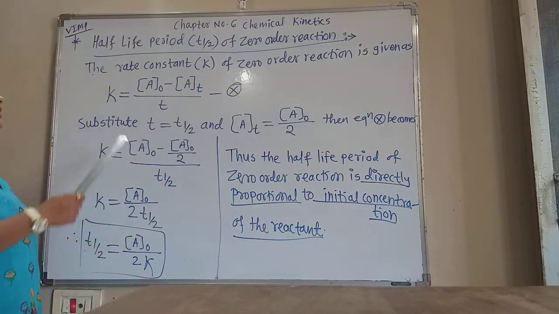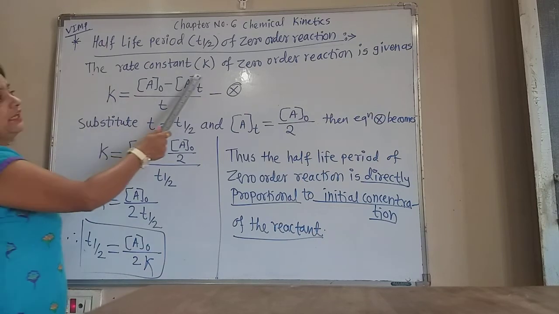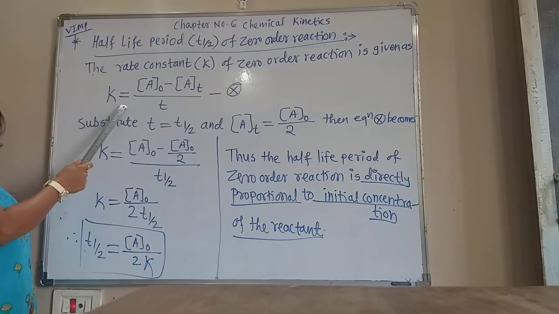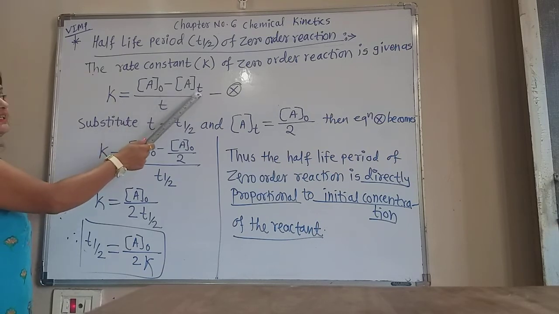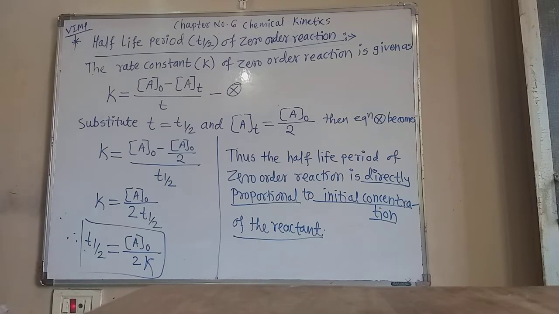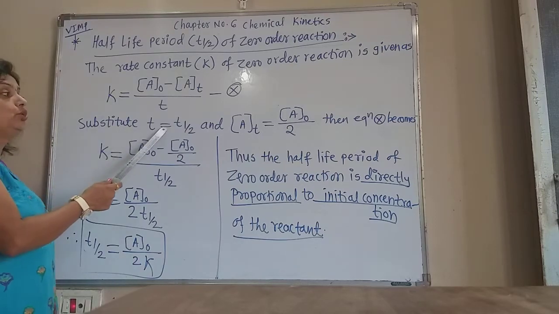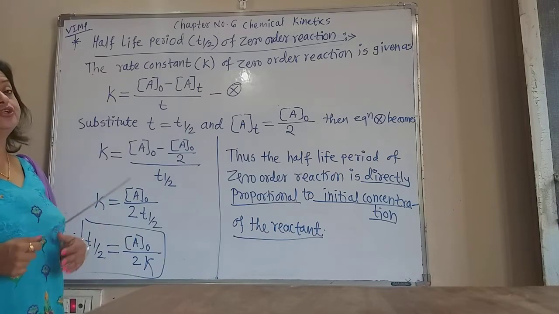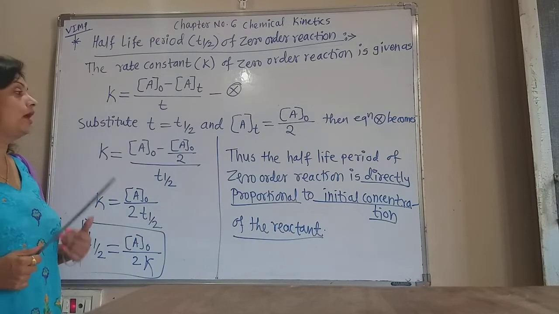So here we know that the rate constant K of zero order reaction is given by the formula K is equal to A0 minus At divided by t. Suppose this is equation X. Now substitute in this equation t is equal to T half, that is the time required to consume the reactant concentration to half.